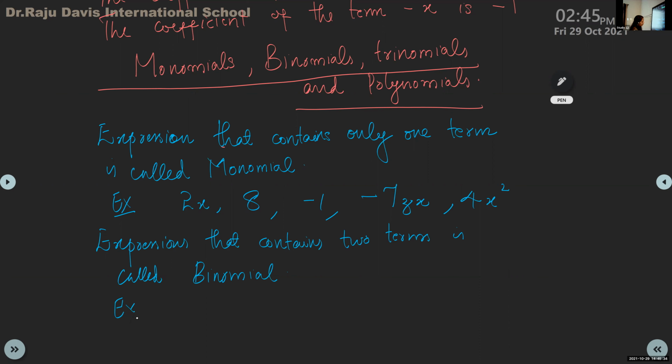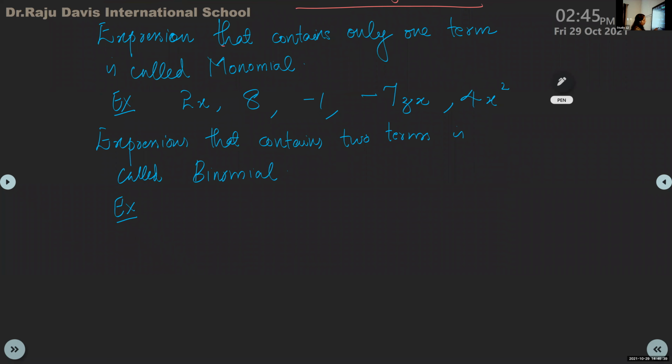Example: ax plus b, 4z plus 2m, 5 minus 3xy.